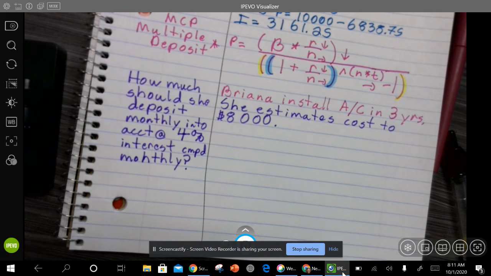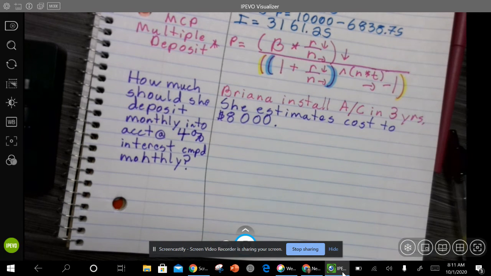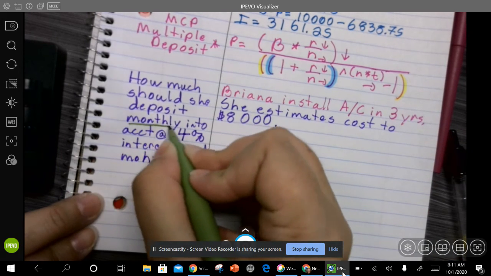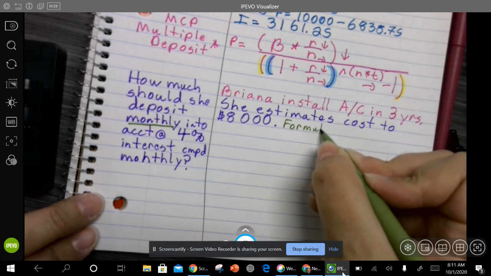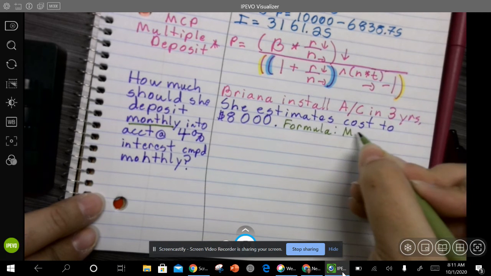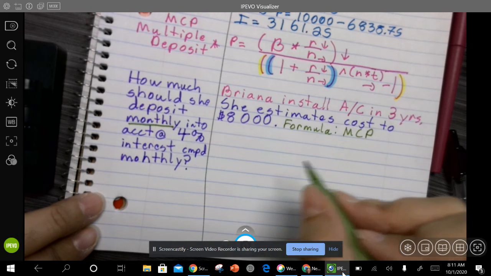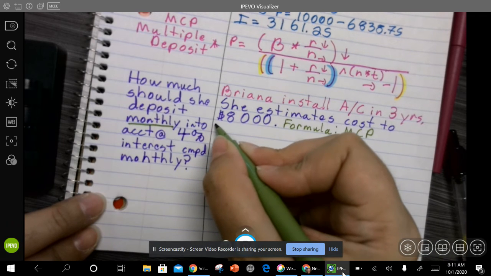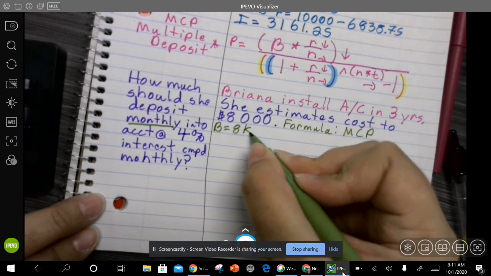Okay, so we're going to identify all the variables. Okay, so the formula, she's depositing monthly, everybody. So it's multiple compound principal. Okay, and then we're solving, so the balance, she wants to have $8,000.